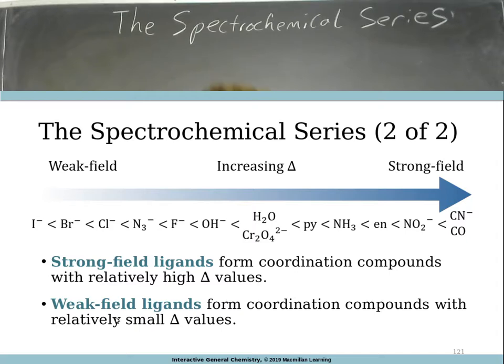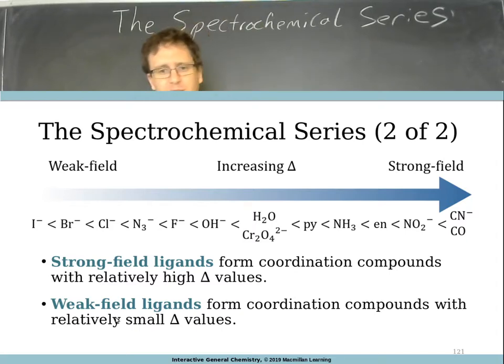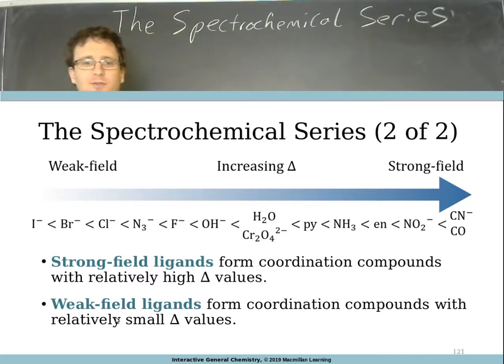So the spectrochemical series is what we call the arrangement of ligands from what we call weak field ligands over here. So fluorine, bromine, chlorine, azido, which is the N3 minus.